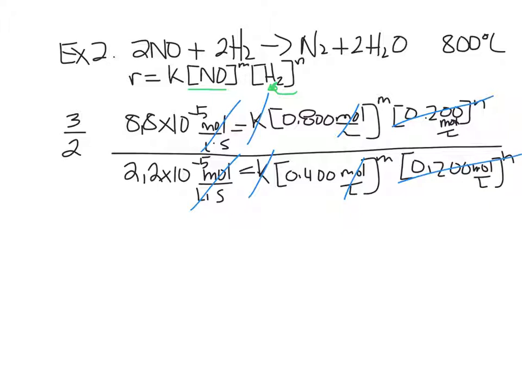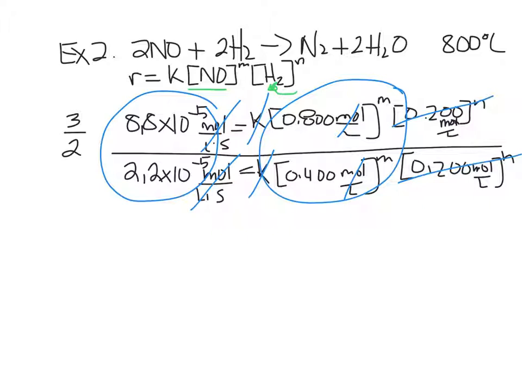So we're left with 8.8 times 10 to the negative 5 divided by 2.2 times 10 to the negative 5, and 0.8 to the m divided by 0.4 to the m, which is the same thing as 0.8 divided by 0.4, all to the m.